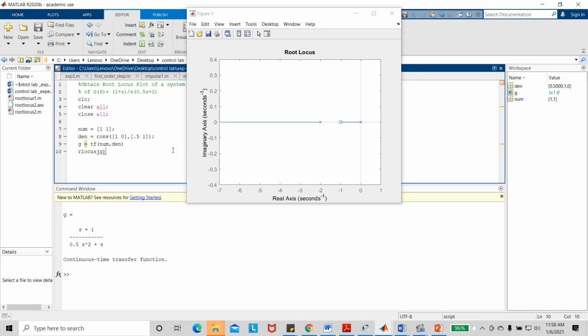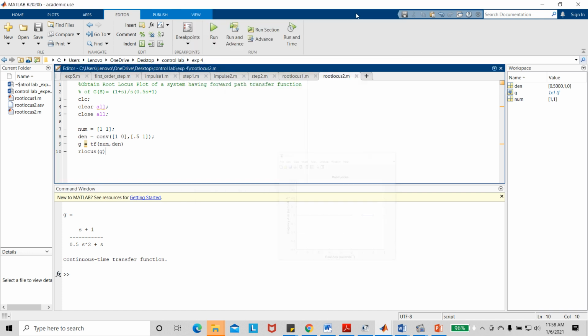You can also see the root locus plot for higher order systems. Like if we add one more pole here, then this is a third order system.